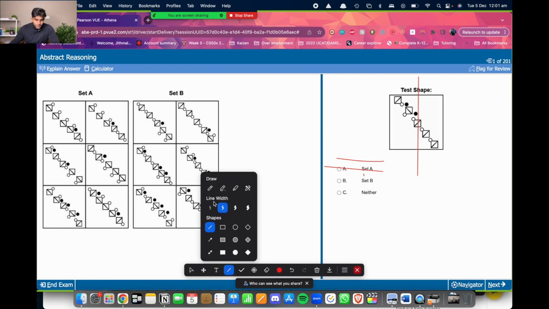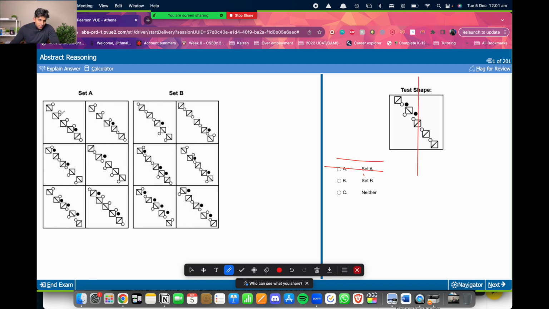With this one here, if I look at set A, the thing that really jumps out to me is the black circles. So I'm assuming that around the black circles, something of importance is happening. Here, you have this shape, and there's a black circle next to it. In the next one, the shape has changed positions. So the black circle has made it turn clockwise by 90 degrees.